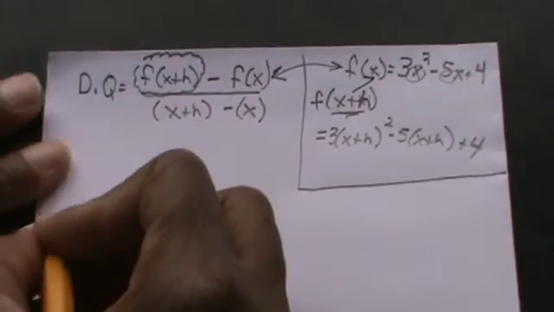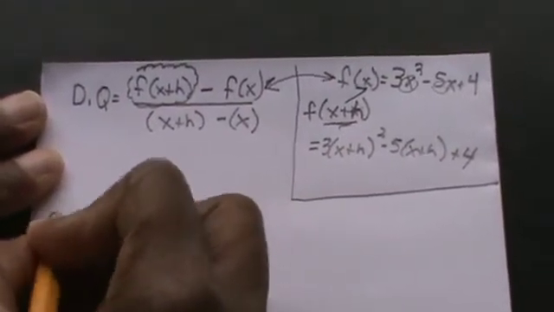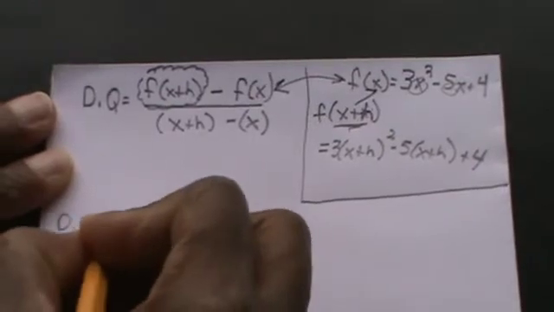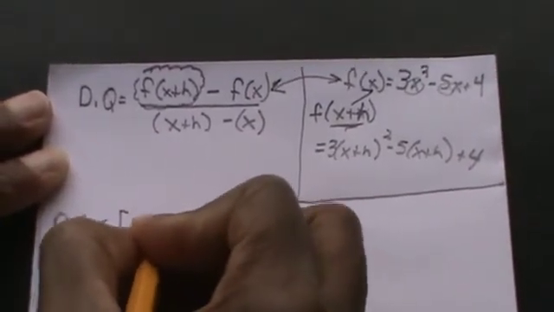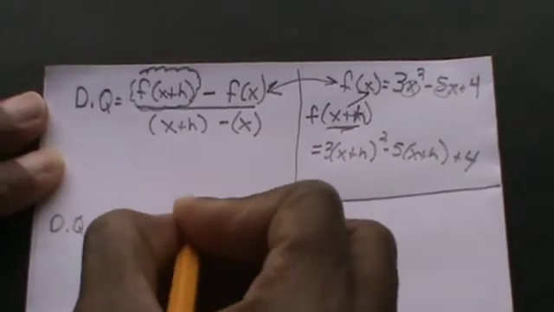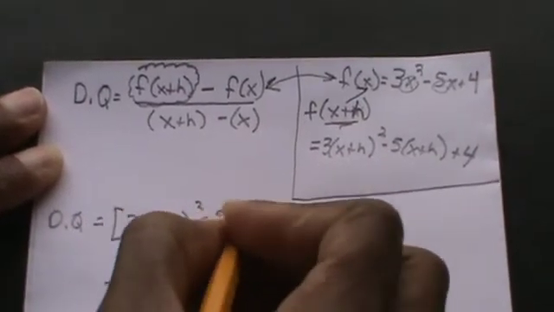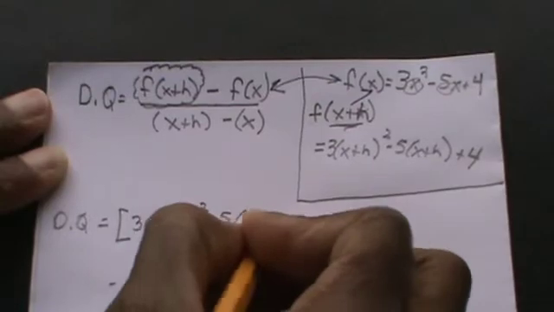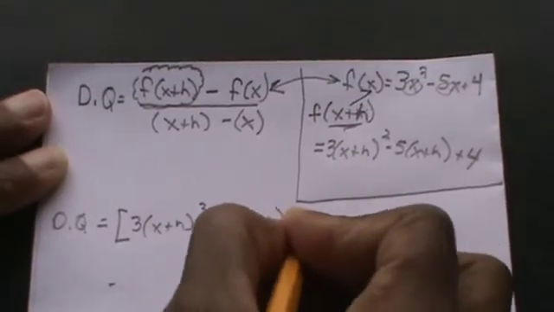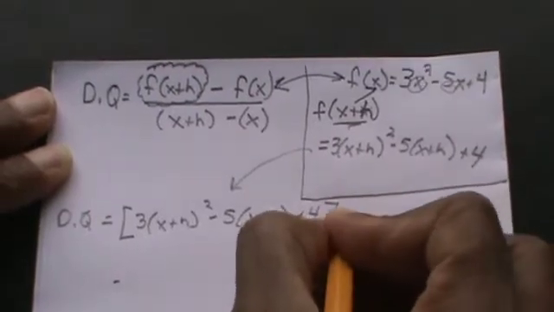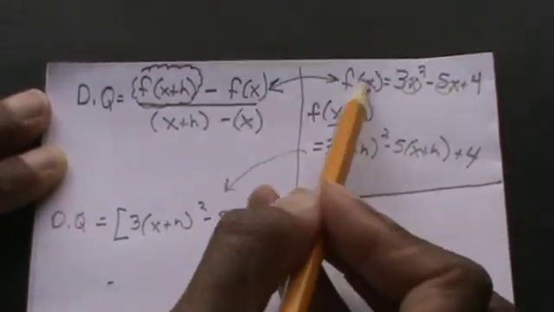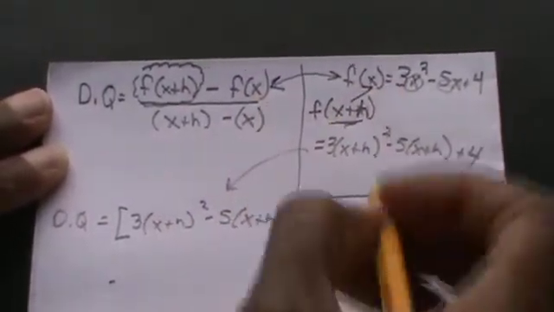Okay, so then my difference quotient equals, I have 3 times x plus h, the quantity squared, minus 5 times x plus h plus 4. Notice this is my f of x plus h minus my f of x, which is what we were originally given.